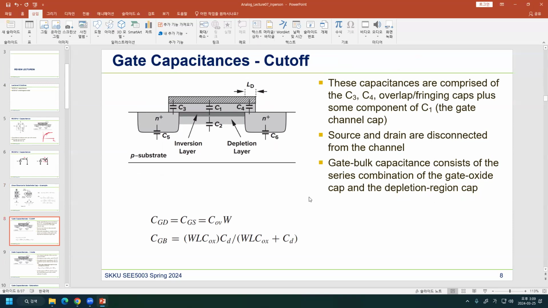So gate capacitances are calculated as various capacitances, depending on the region. This part, I recommend you read it, but you don't have to seriously memorize it. The key point here is that the capacitance value is different depending on the operating region. That's what we should remember.